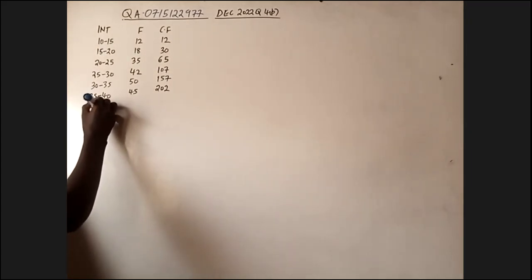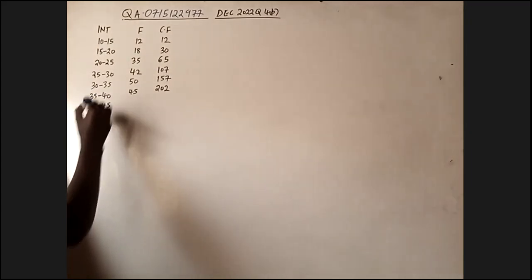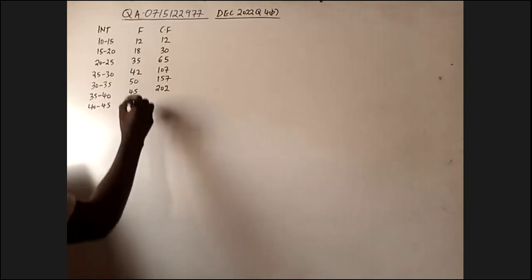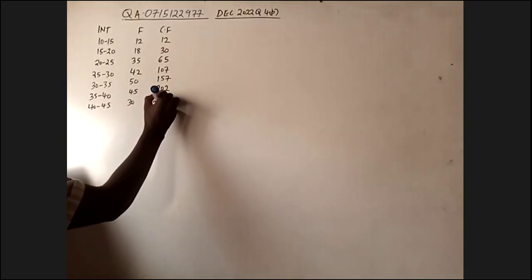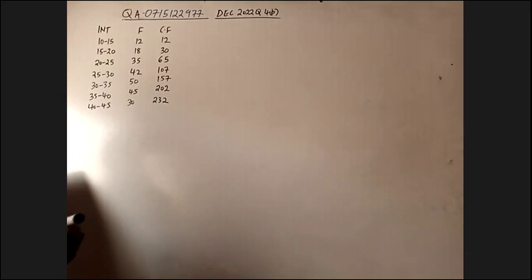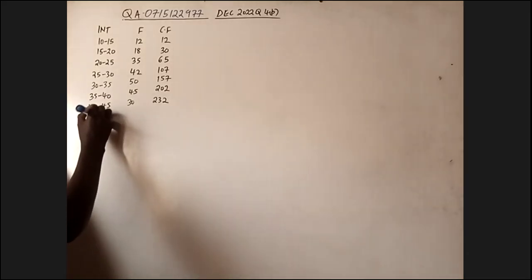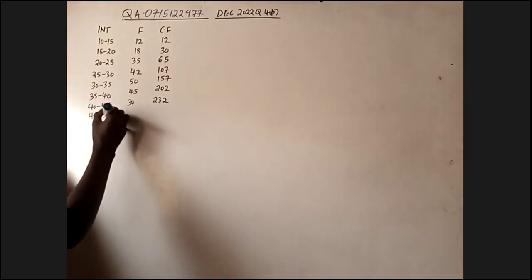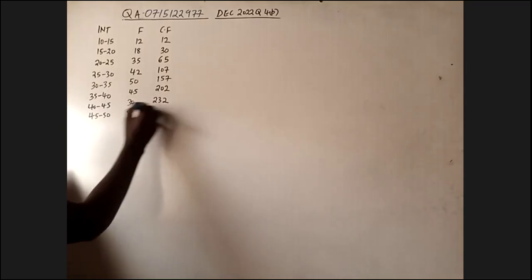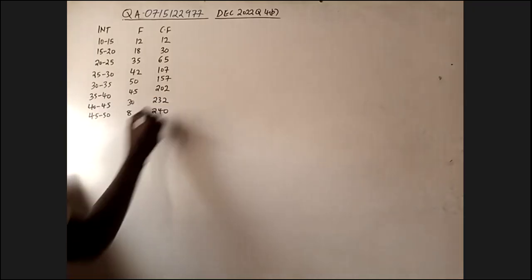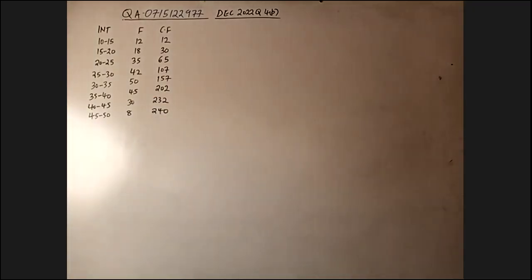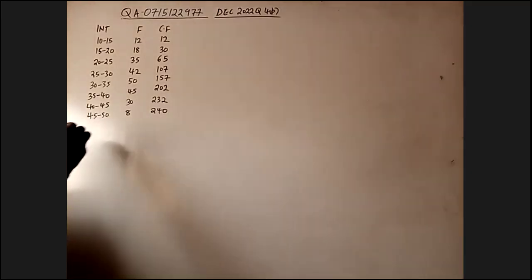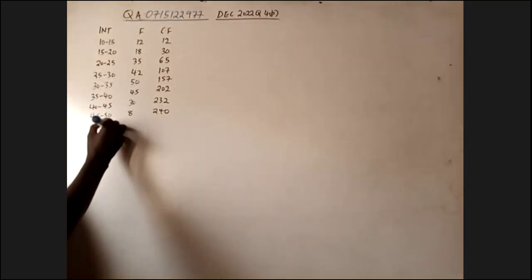Then 40 to 45, frequency 28, cumulative 230. Then 45 to 50, frequency 10, cumulative 240. Now they want us to find the mode.